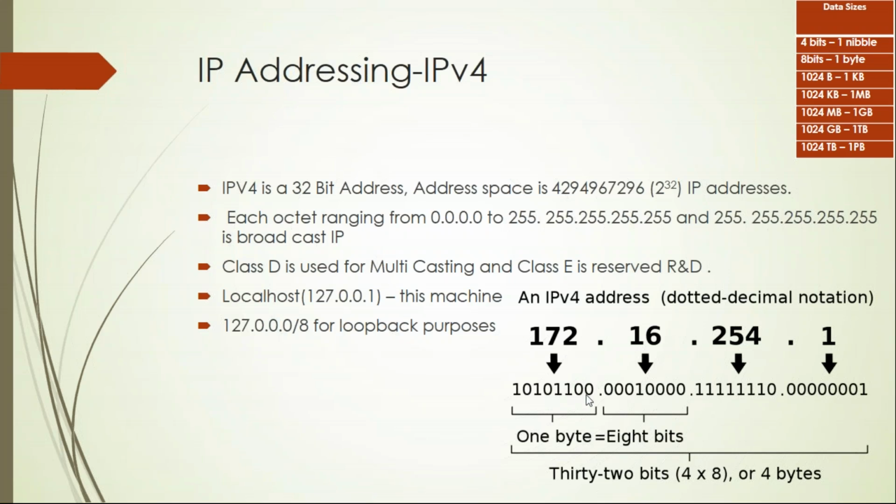If all zeros in one chunk, it's 0; all ones means it's 255. That's why the IP address ranges from 0.0.0.0 to 255.255.255.255. We call this dotted decimal notation because each chunk is separated with a dot, and the binary 32-bit address is converted to decimal notation. That's why an IP address looks like this.